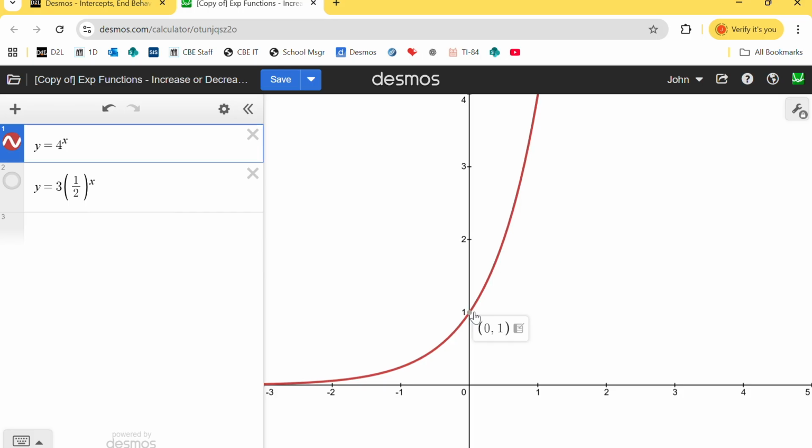Well, how do we know that? If we plug in a 0 for x, we'll get a y value of 1, so that's our y-intercept of 1. What's the domain? Well, it's x such that x is an element of all real numbers, negative infinity to positive infinity. Okay, what about the range? There's a horizontal asymptote at y equals 0, so it does not touch the x-axis.